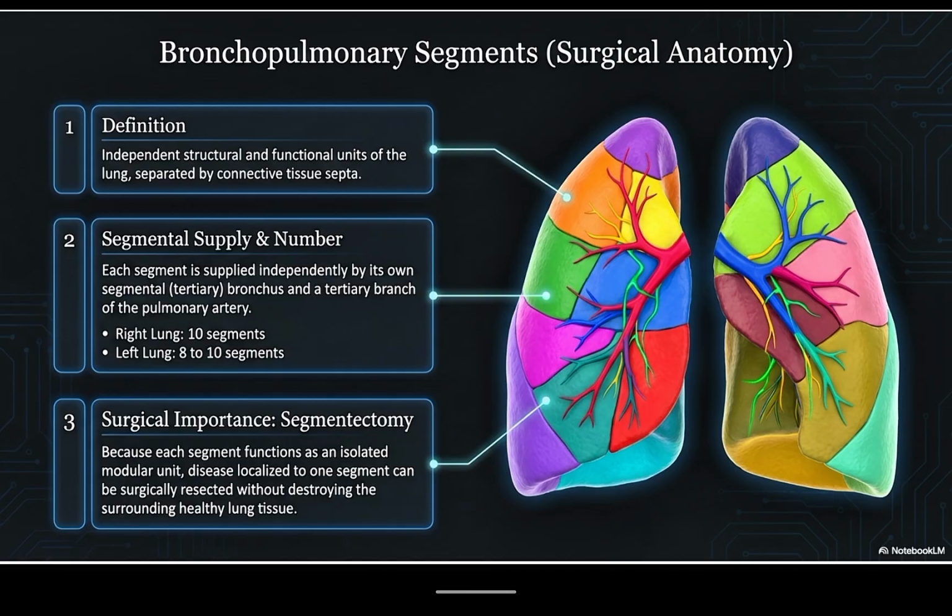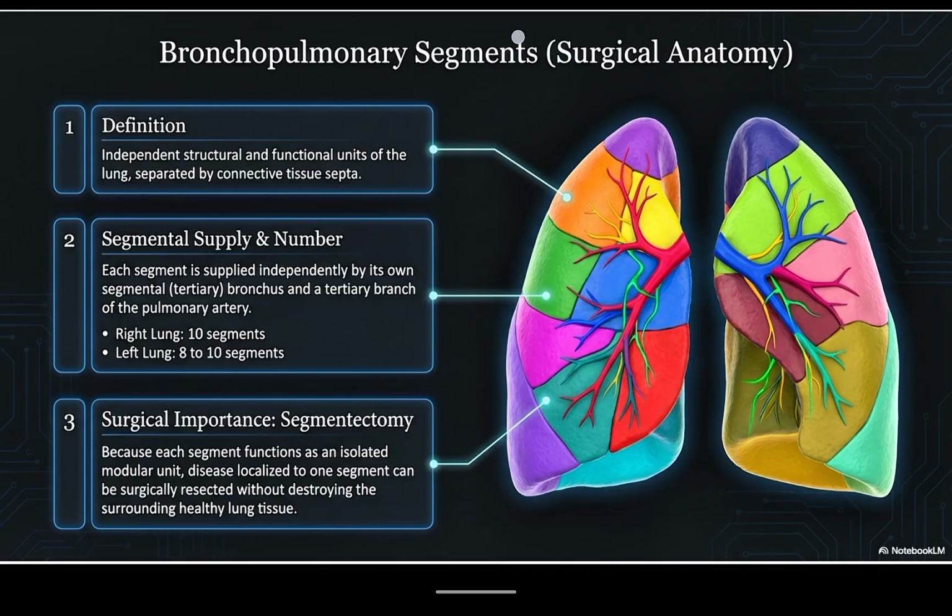Each segment is supplied independently by its own segmental bronchus and tertiary branch of the pulmonary artery. So just have it in mind that each segment is supplied by what? The pulmonary artery and what? The tertiary or segmental bronchus. And the right lung has 10 segments, while the left lung has 8 to 10 segments.